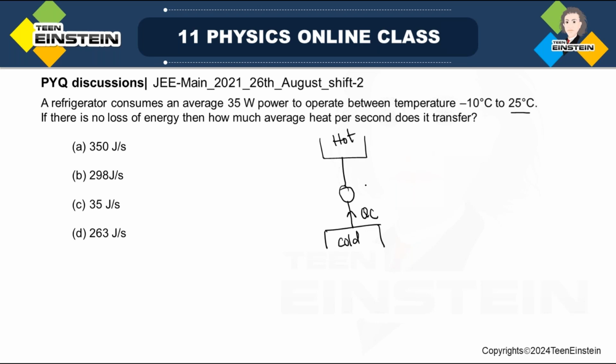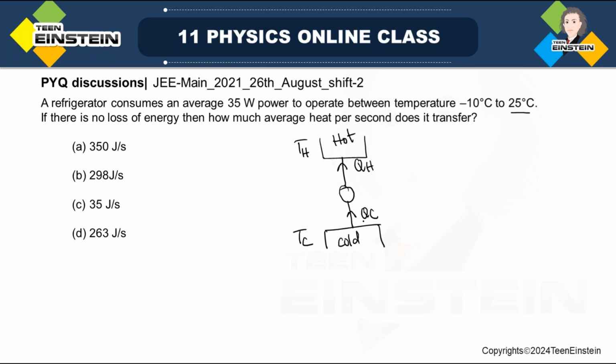Let us say the temperature of the cold reservoir is TC and the temperature of the hot reservoir is TH, and the heat the refrigerator rejects here is QH.